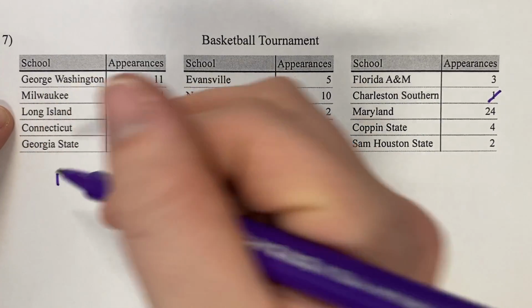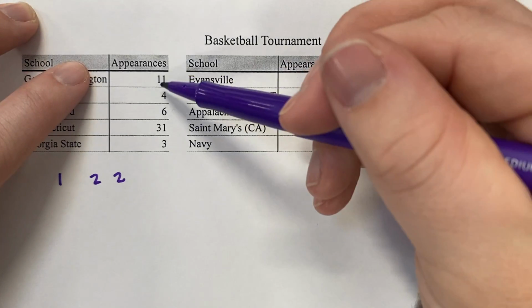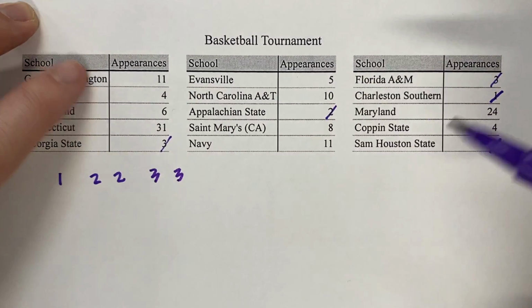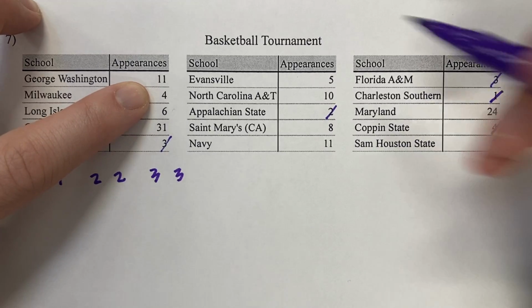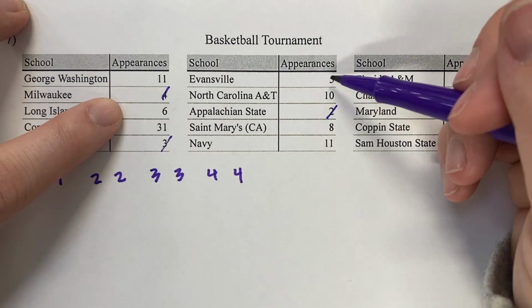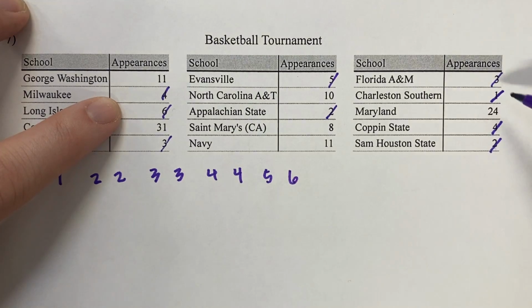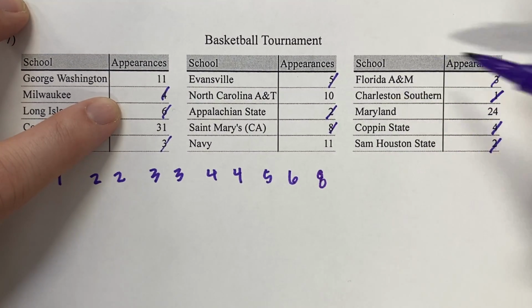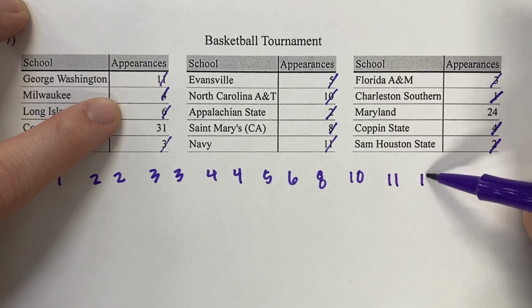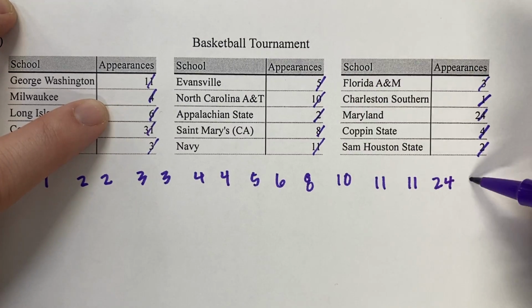So I have 1, 1, 1, 2 twos, 2, 1, 2 threes, 3, 3, 4, 2 fours, 1, 2, 1, 5, looks like 1.6, 1.8, 1.10, 2 11s, and 24, and 31.